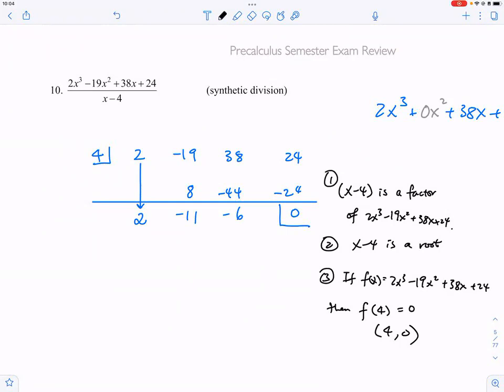Okay, so there are a couple of things to go over there. Well, how do you express the quotient of this division? The quotient of this division is 2x squared minus 11x minus 6. Okay, because you have 2x cubed divided by x. So of course, the quotient would have 1 less degree for the power.